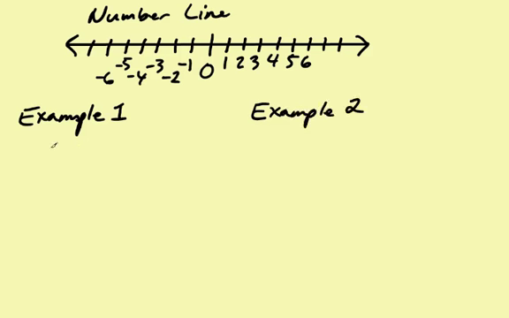In example 1 we have a negative number. Let's go ahead and say -2 is being added to a positive, let's say +3. And example 2 we have a positive number, let's say +4, added to a negative, we'll say -5.